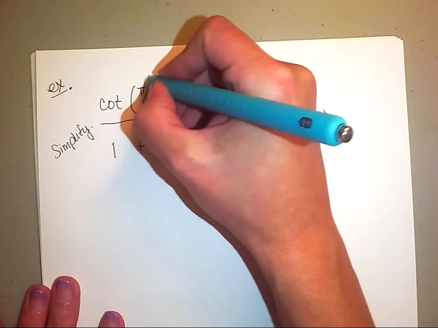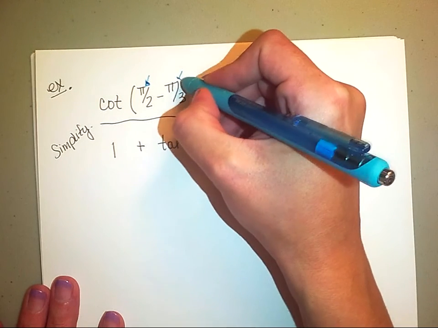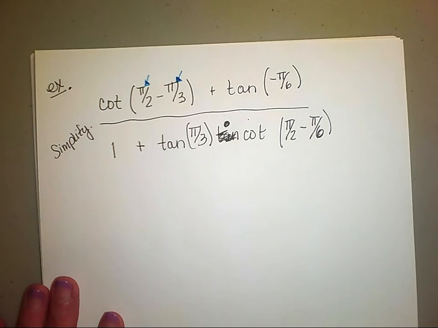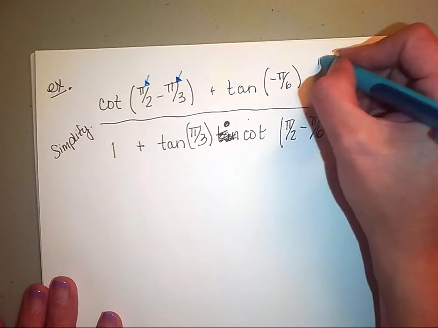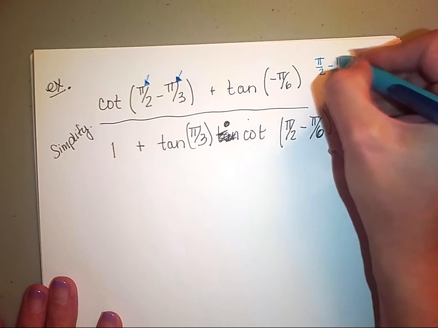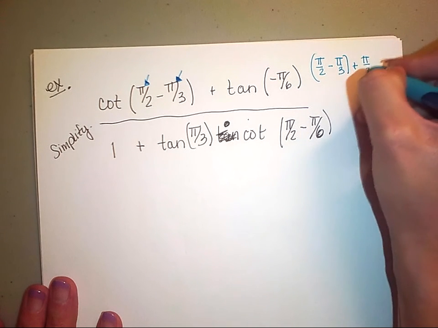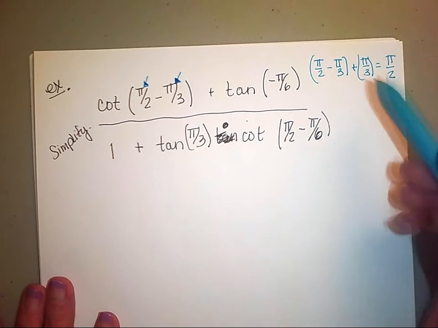Well, notice here that this is pi over 2 and I'm subtracting some type of angle, pi over 3. So this angle, pi over 2 minus pi over 3, if I added pi over 3 to it, I'd just get pi over 2.